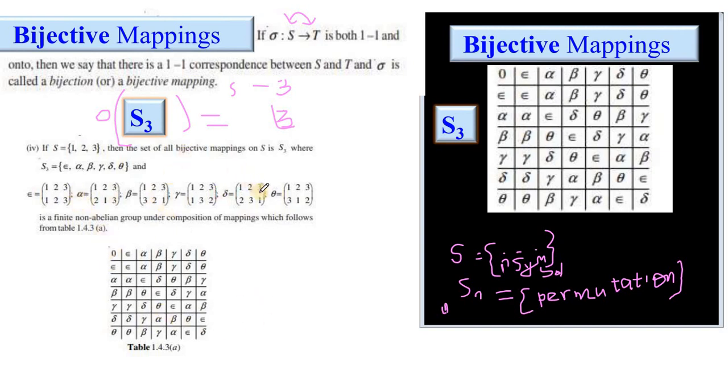So we have actually 6 bijective mappings. What are they? We consider the permutation epsilon, the identity permutation, which takes any element to itself.